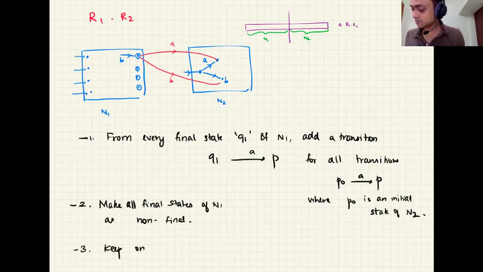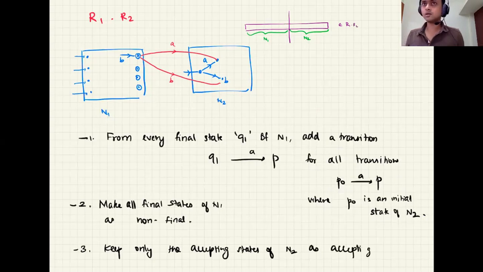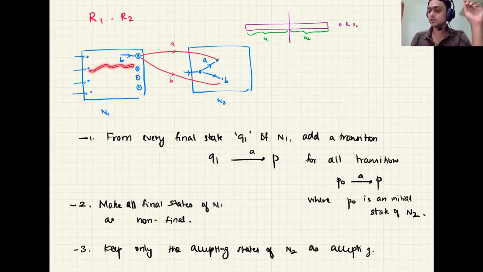Keep only the accepting states of N2 as accepting. So there is one thing which is left, but modulo that, do you get the idea? So I keep doing this and then I have to jump here. Okay.